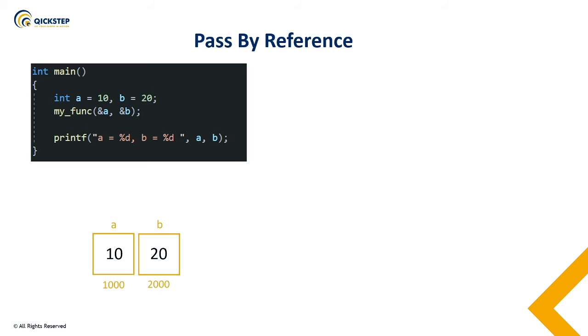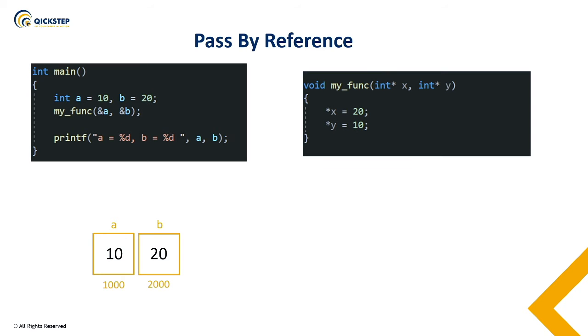In my function declaration, you'll see that I have two pointer variables, int pointer x and int pointer y, because the addresses that I have passed are of the type int, so I have to take two integer pointers here. The integer pointer is able to hold the address of an integer variable.